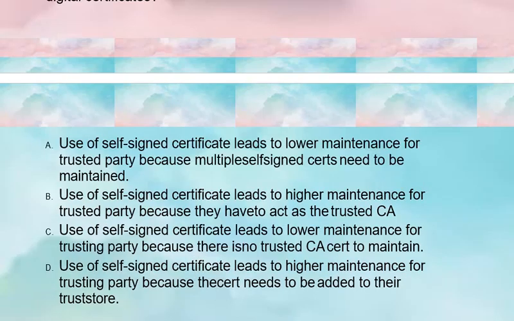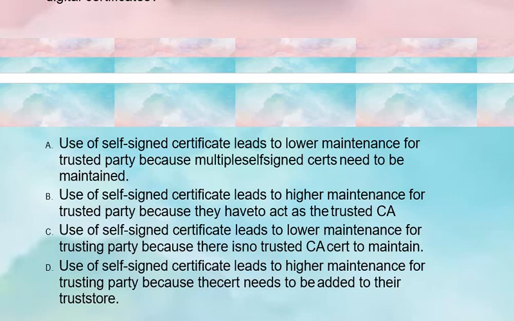Option A: use of a self-signed certificate leads to lower maintenance for the trusted party because multiple self-signed certificates need to be maintained. Option B: use of a self-signed certificate leads to higher maintenance for the trusted party because they have to act as the trusted CA.